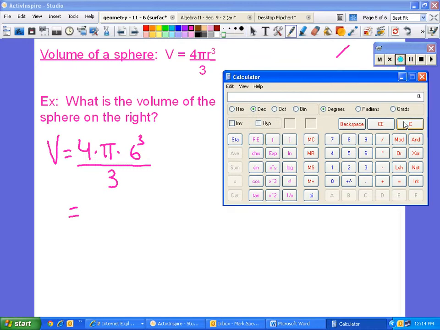So 4 times pi times 6 to the 3rd power equals 4 times pi times 216, divided by 3 equals 904.